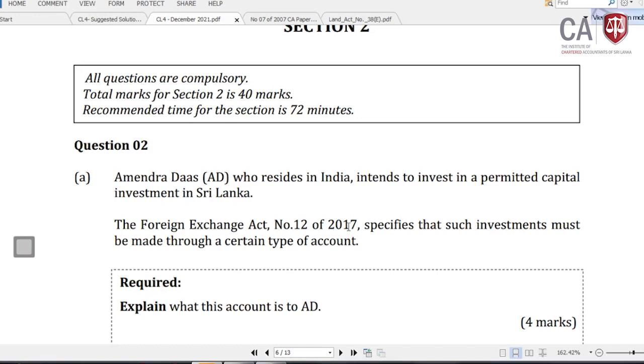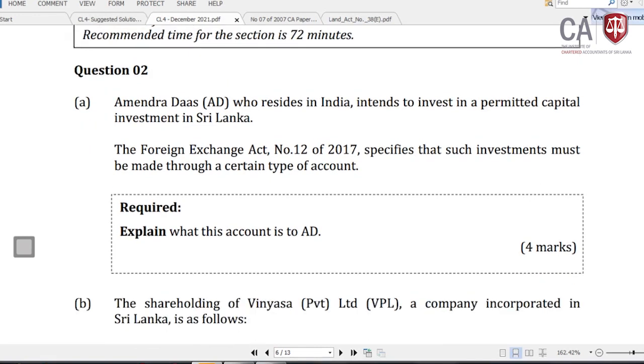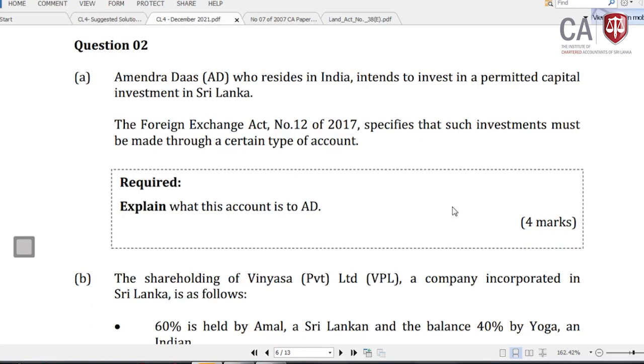Therefore, you must be familiar with the main points under the Foreign Exchange Act number 12 of 2017. It specifies that such investment must be made through a certain type of account. Explain what this account is to AD.